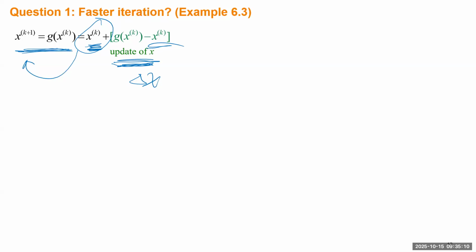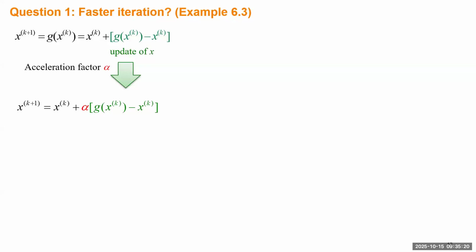So very naturally we can add some coefficient to adjust the speed of updating. For instance, we can introduce an acceleration factor. The only change is we multiply the update by alpha.